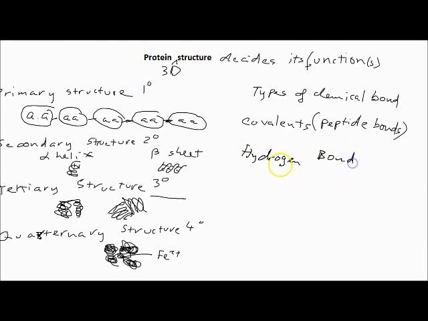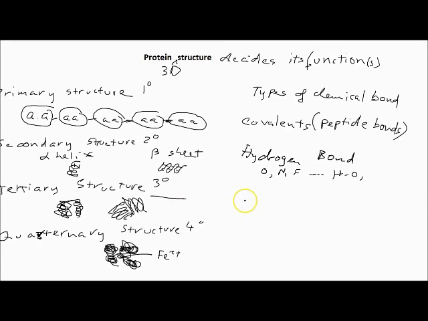And you probably remember these from the intermolecular forces unit. That's between the oxygen or nitrogen or fluorine and the hydrogen that is connected to an oxygen in another molecule.